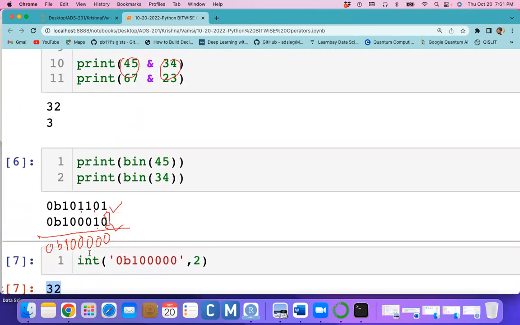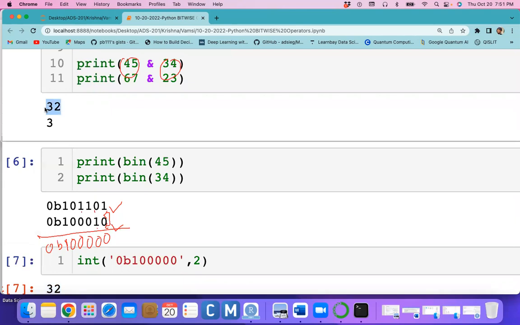So this is the result of 0b100000, which is the result of the bitwise AND operator for 45 and 34. Python automatically converts that binary number to decimal, so we get the result 32 here. Is this clear or not? Yes. Any questions? No, sir.